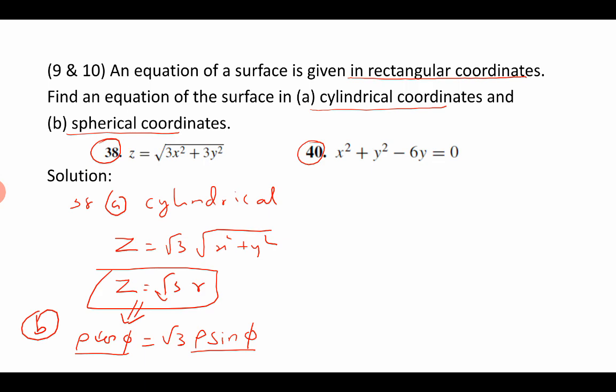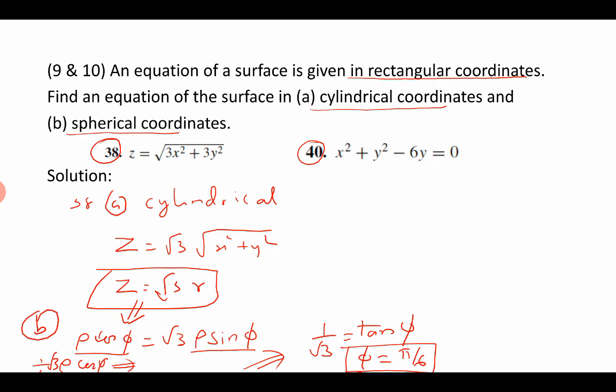Now when you divide by root 3 rho cosine phi, you get 1 over root 3 is equal to tan phi, which gives the phi value as pi by 6. That's it. Only the phi value represents it in spherical coordinates.